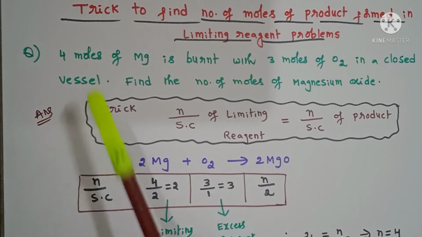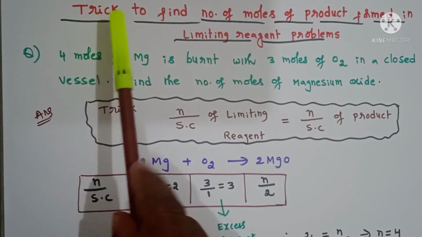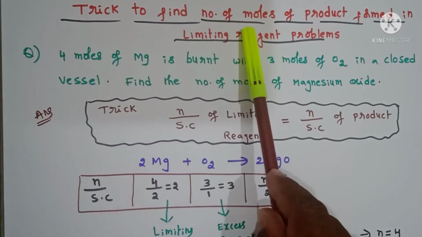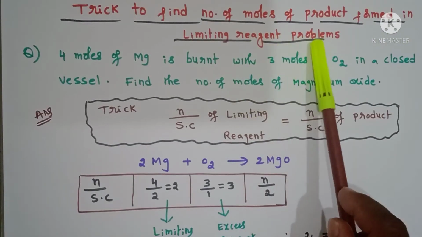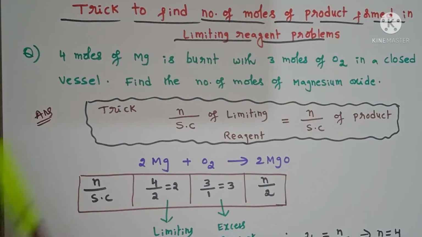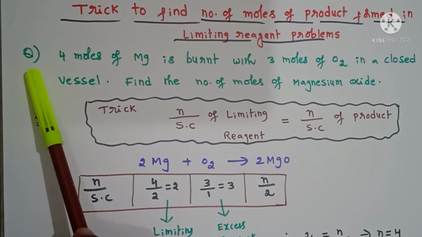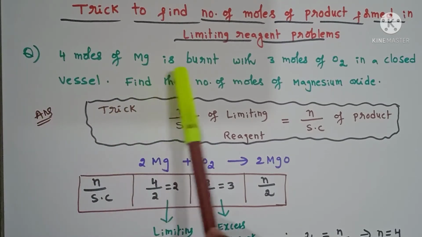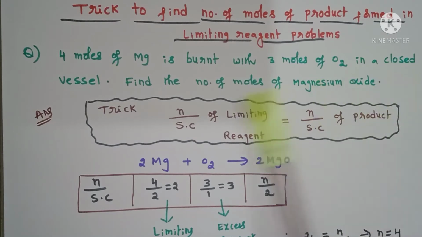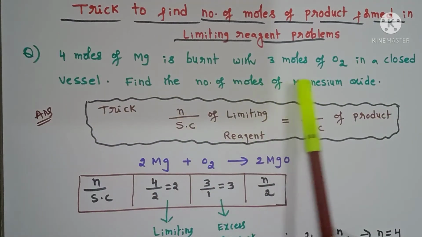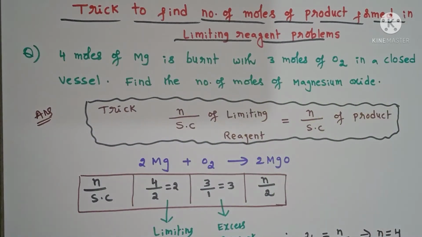Students, next I am going to discuss the trick to find the number of moles of product formed in limiting reagent problems. See, the question is asked like this: 4 moles of magnesium is burned with 3 moles of oxygen in a closed vessel. Find the number of moles of magnesium oxide.